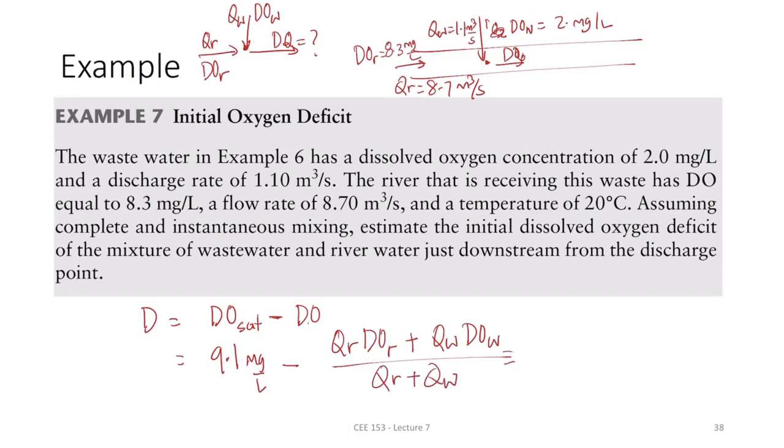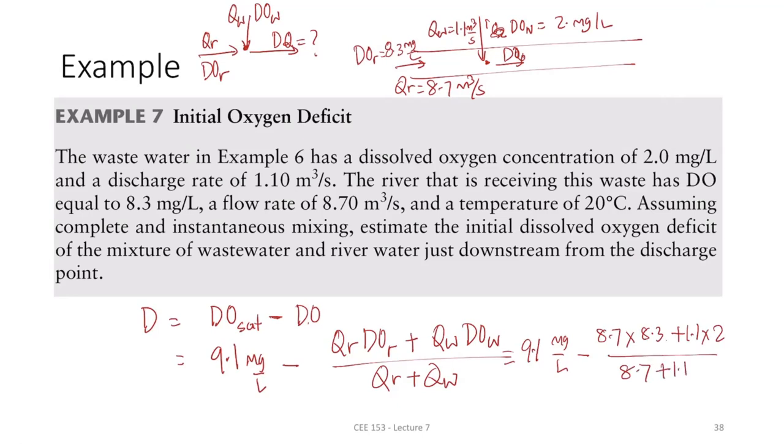So that will be 9.1 milligram per liter minus, you just plug in all the values. Q river is 8.7 flow rate, so that's 8.7 times 8.3 milligram per liter, plus waste is 1.1 meter cube per second times 2 milligram per liter, divided by 8.7 plus 1.1.